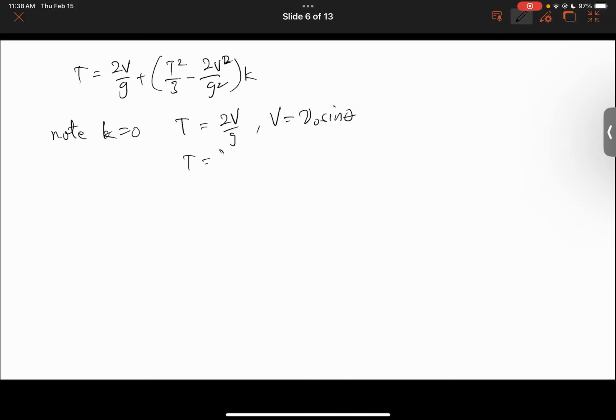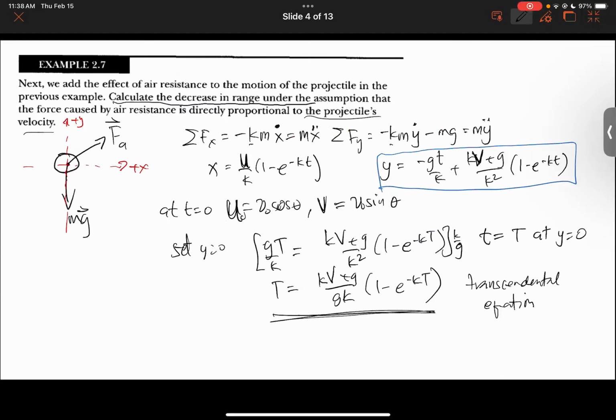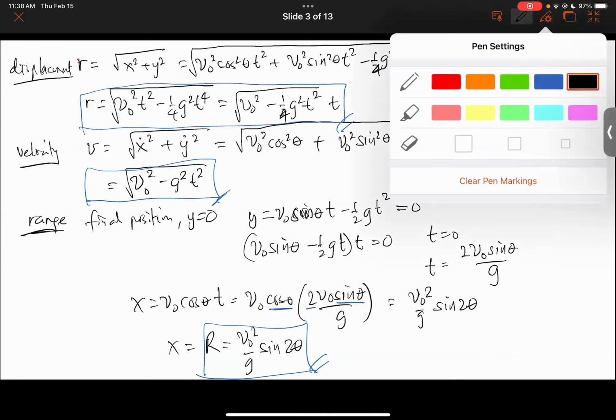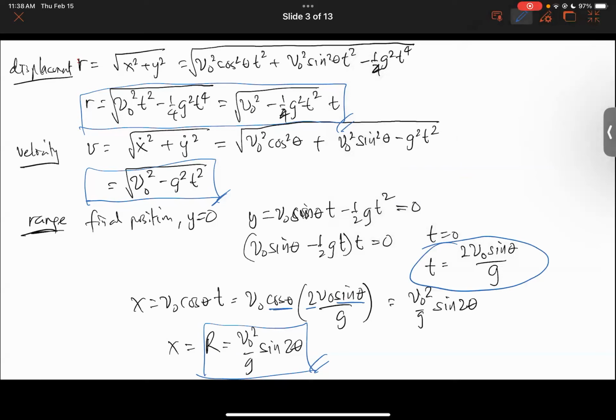So T is equal to 2V naught sine theta over G, which is nothing but the expression we derived without air resistance.